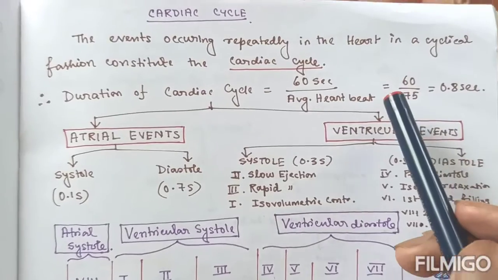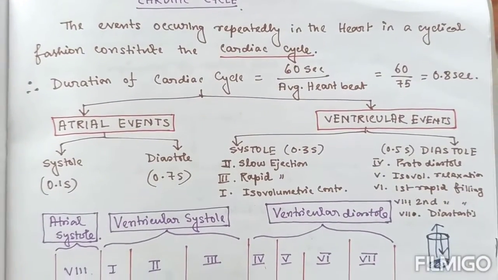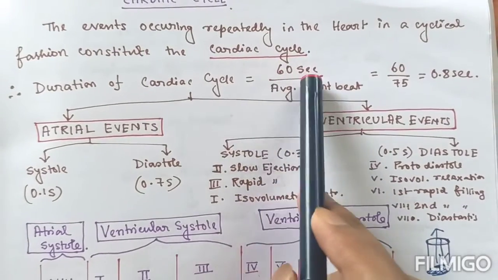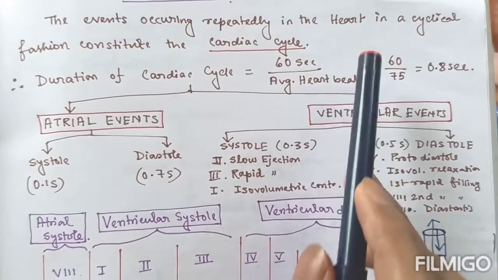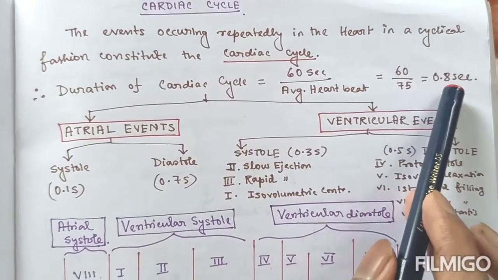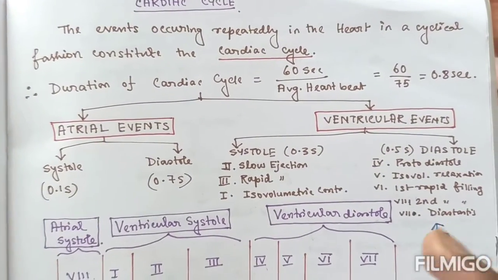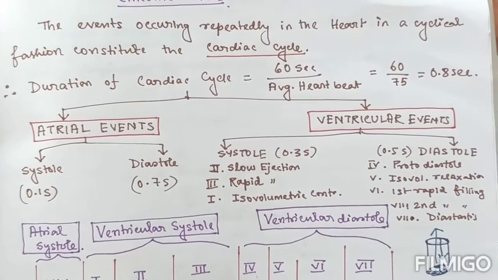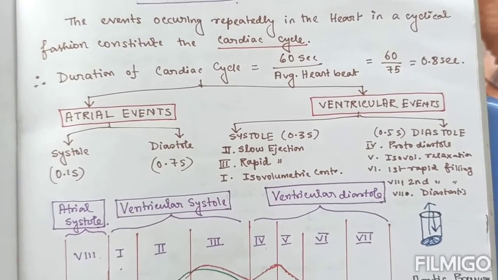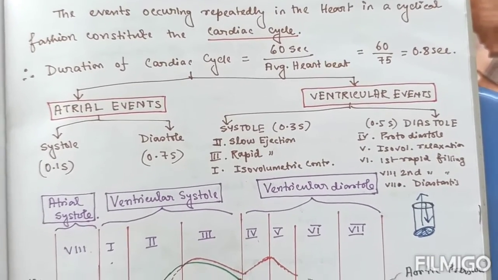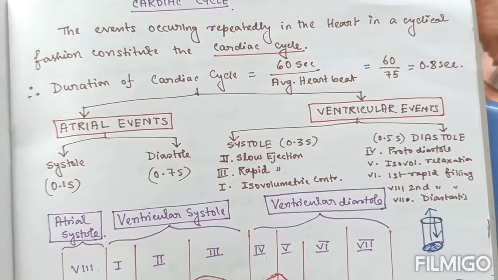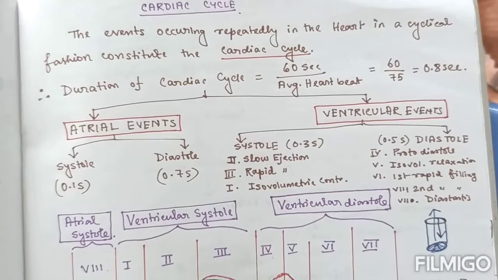Usually we take heart rate with respect to a minute, so 60 seconds divided by the average heartbeat in that minute, and it is usually found as 0.8 second. In this 0.8 second, the atrial events, that is atrial systole and atrial diastole, complete. Also the ventricular events, like ventricular systole and ventricular diastole, complete.